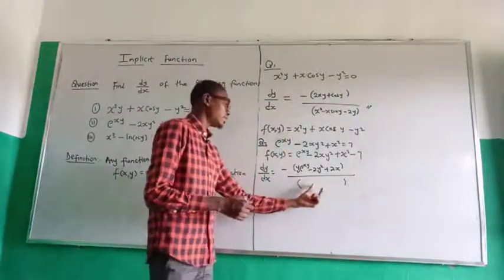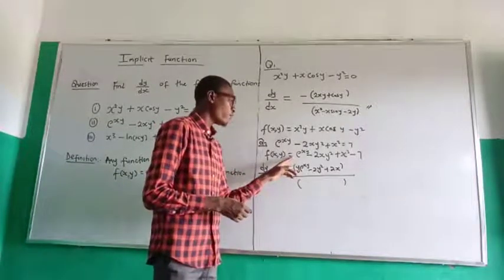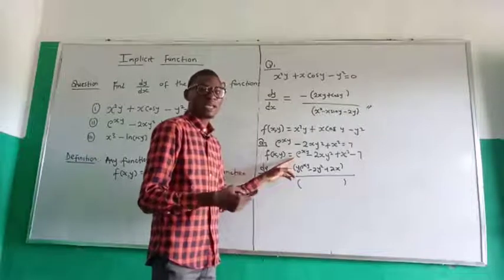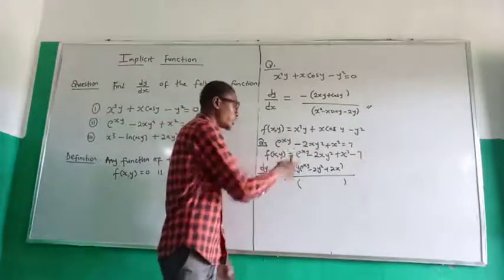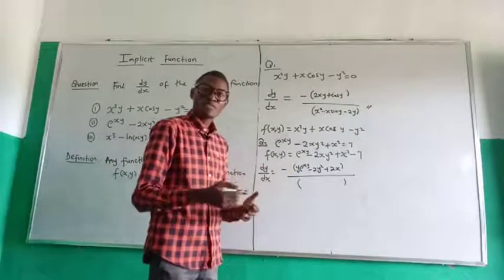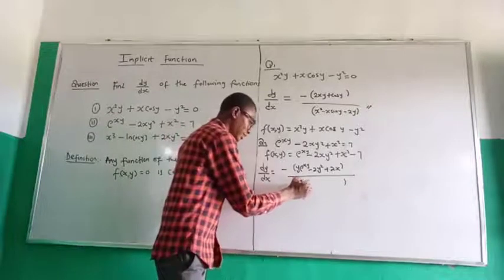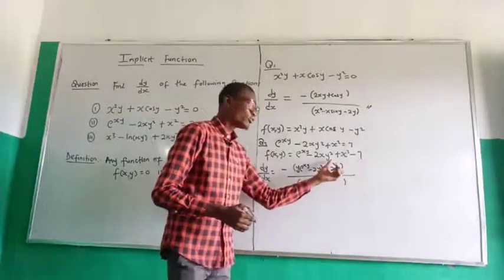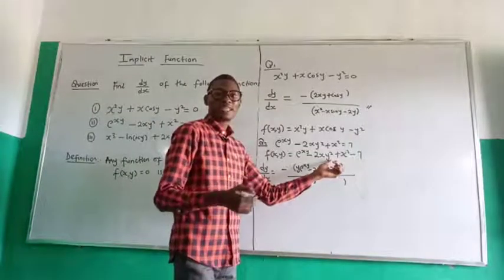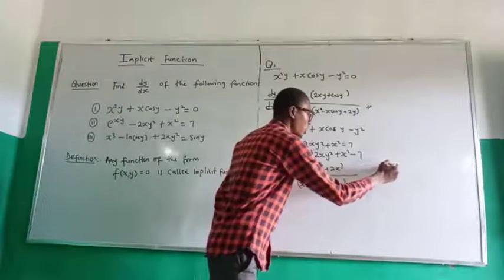Okay, to get the denominator function here, you are going to differentiate this function with respect to y, and you'll be keeping x as constant. When you differentiate exponential xy with respect to y, keeping x as constant, you have x exponential xy. Now differentiate y squared with respect to y. When you differentiate y squared, you have 2y.